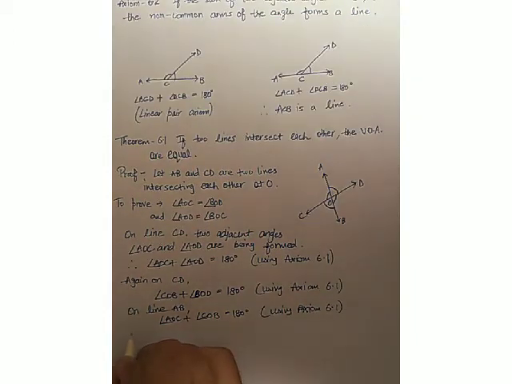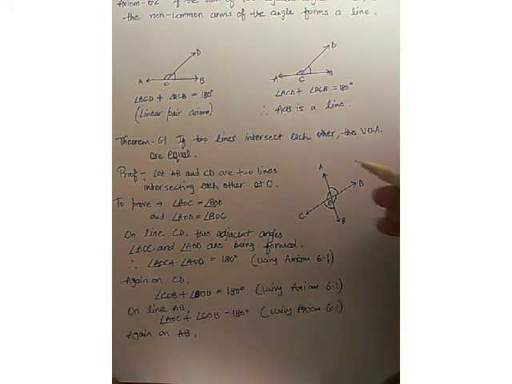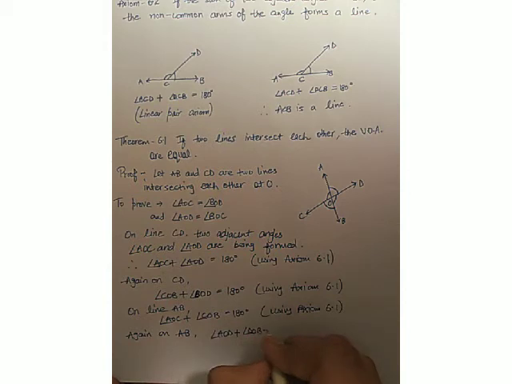And what are the other two angles? Again on AB, the angles AOD and DOB. Angle AOD plus angle DOB is also equal to 180 degrees. Why? Again using axiom 6.1.